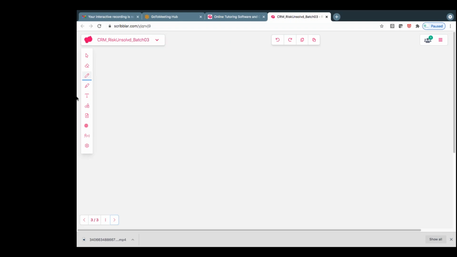Okay. So the next question that I have over here is the key risk exposures and their respective definitions.